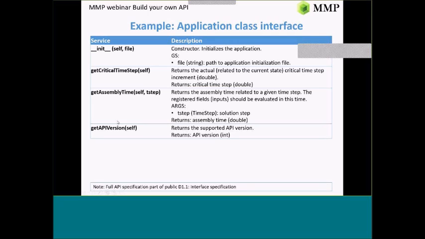Then there are methods to query some basic application characteristics related to numerical aspects. This includes, for example, methods to query a critical time step, assembly time related to the current solution step, and the method to query the API version if the application supports multiple versions.